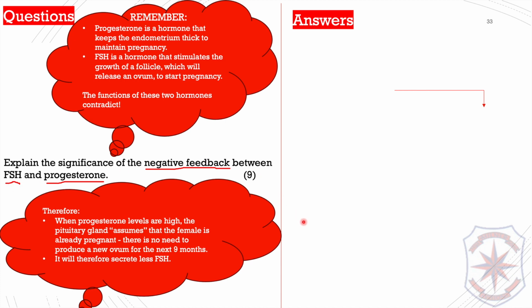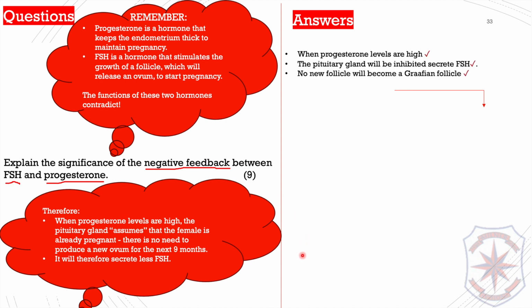Okay, but how do we articulate that into an answer? This is what you are going to say when you get a question like this. When progesterone levels are high, 1 mark, the pituitary gland will be inhibited to secrete FSH. Remember what I said about this word?